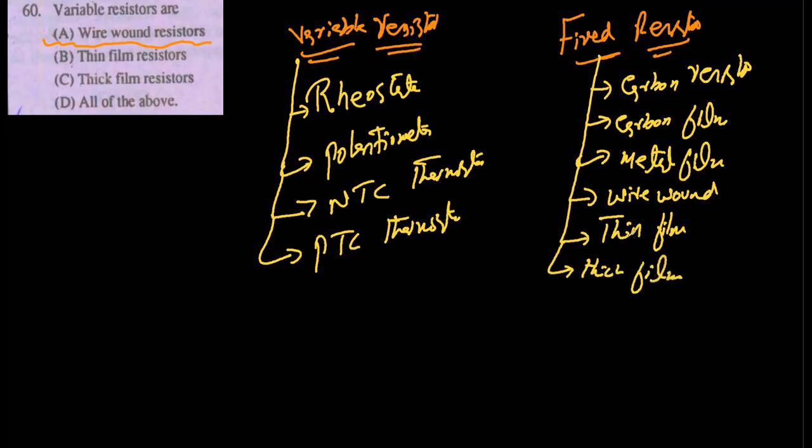Thin film resistors are more expensive than thick film, and thick film is 1000 times thicker, while thin film has a thickness of the order of 0.1 micrometer, or very small.